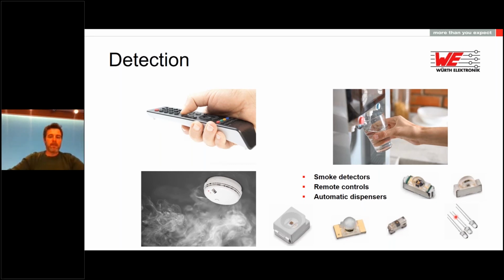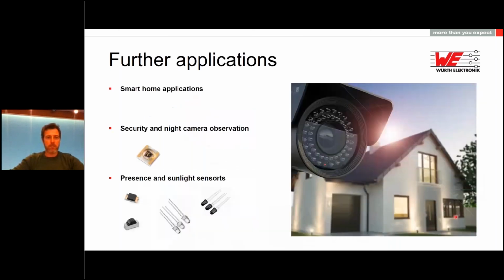Further application fields are different smart home devices, security and night camera observation, where we can use our high power products for night vision and observation of our private sphere at night.